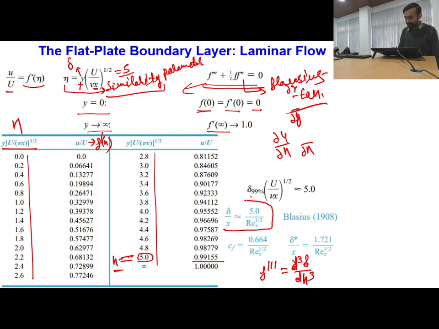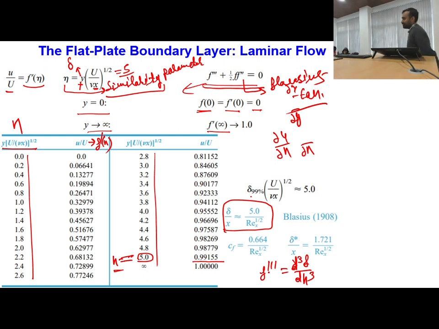From here, delta by x will be equal to 5 by square root of Reynolds number. What was delta by x from the Karman's momentum integral equation? 5.5 by square root of Reynolds number. This is the exact solution, that was the approximate solution. So we can say that Karman's approximate solution was giving results within 10% accuracy limits, because the coefficient was 5.5, here the coefficient is 5. So the 0.5 deviation is 10% of the actual coefficient.